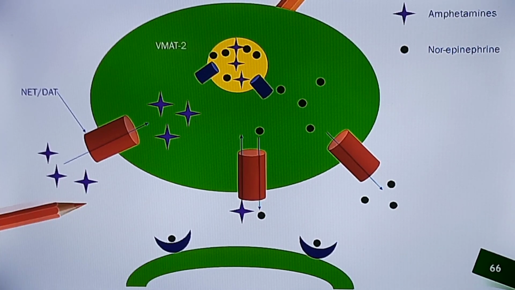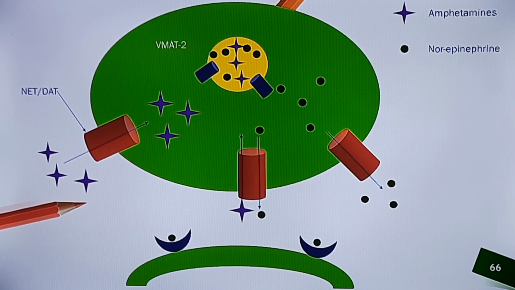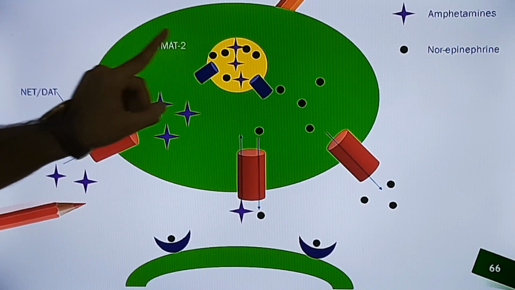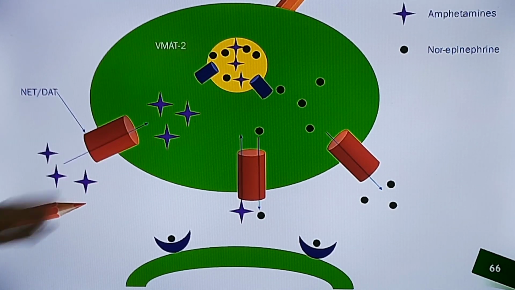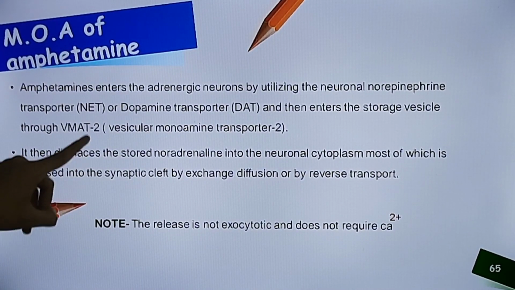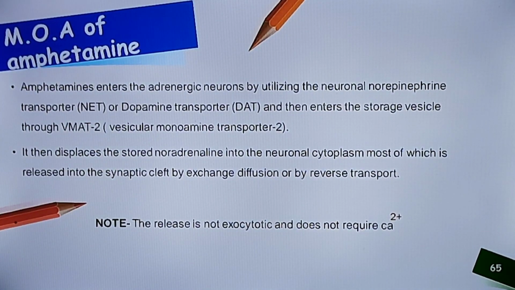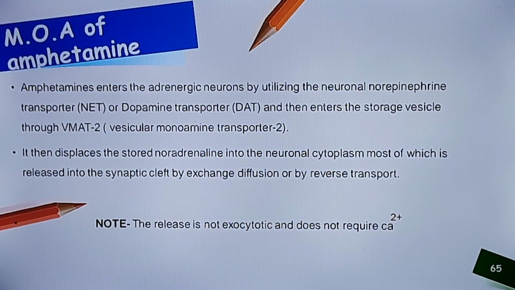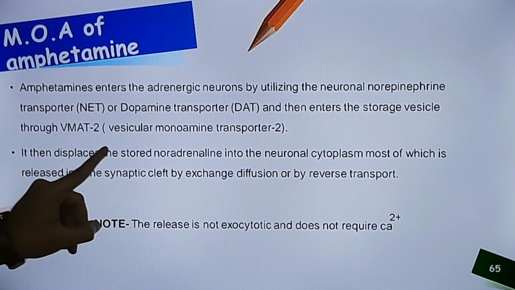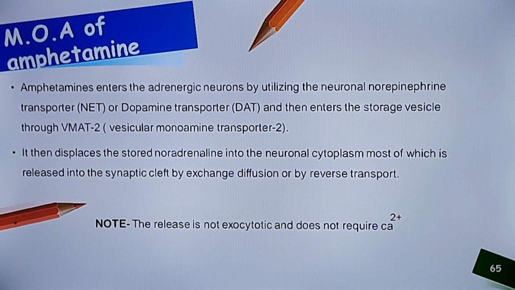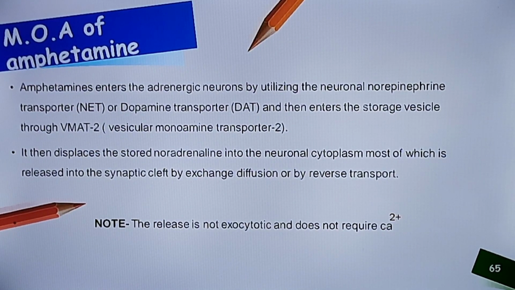This process of displacing is very, very important because our amphetamines will displace this norepinephrine into the cytoplasm. Now, it then displaces the stored noradrenaline into the neuronal cytoplasm, most of which is released into the synaptic cleft either by exchange diffusion or by reverse transport. Let's understand this.